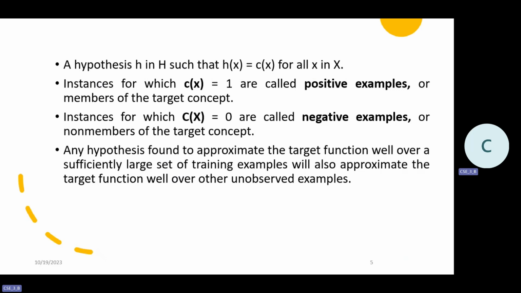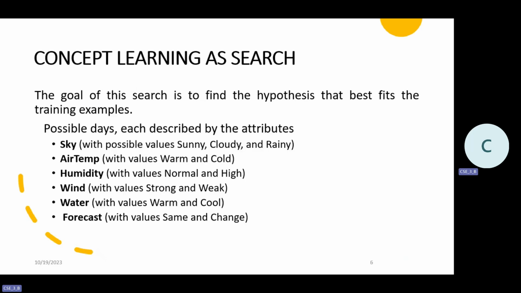You can relate here that any hypothesis found to approximate the target function well over a sufficiently large set of training examples will also approximate the target function well over other unobserved examples. So this is the way the machine learns about the concept, and it is used for decision making.